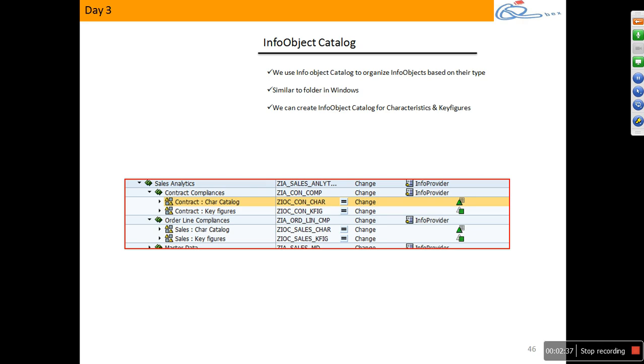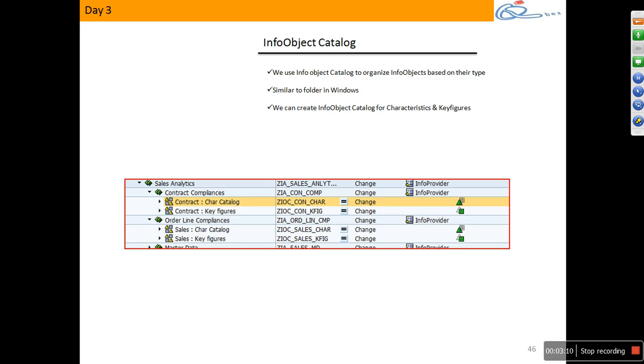Next, we also use another object called InfoObject catalogs. Now, do we have different types of objects? InfoObjects. See, objects is different, InfoObjects are different. We have different types of InfoObjects. We have seen in the last class characteristics and key figures, unit, time. So ultimately, when you're trying to build a warehousing application, based on the requirement, you basically create all the InfoObjects, group them, create your data container like ODS or cube, and then pump the data into it and then do reporting.